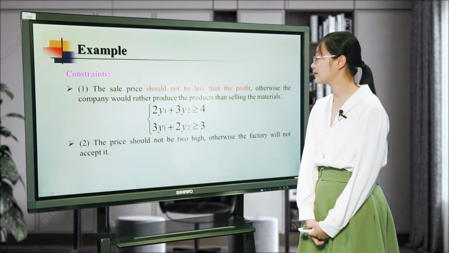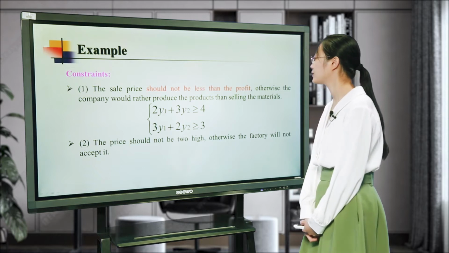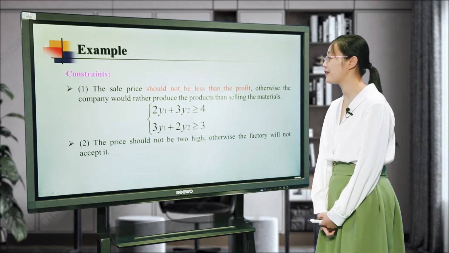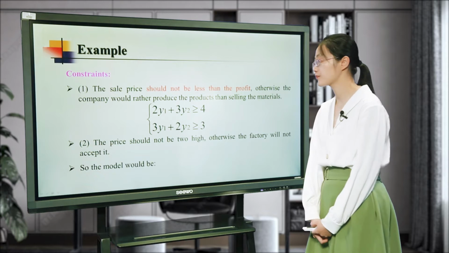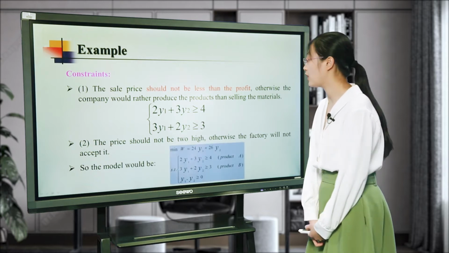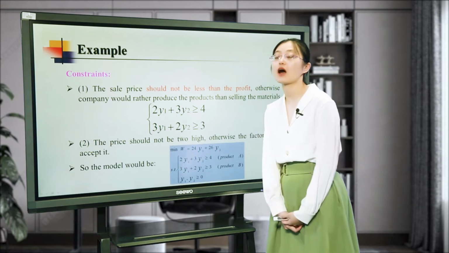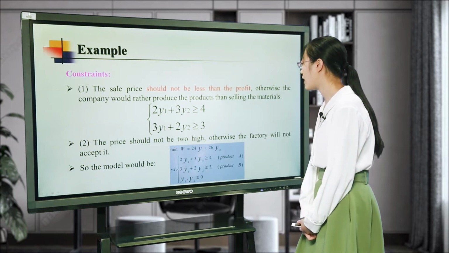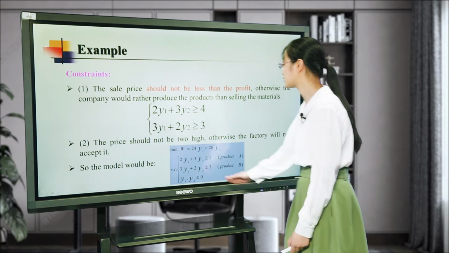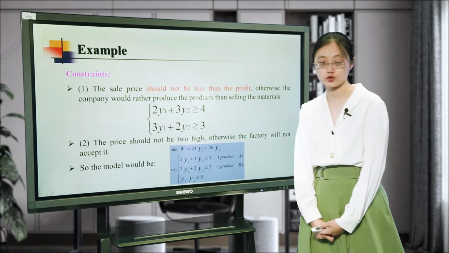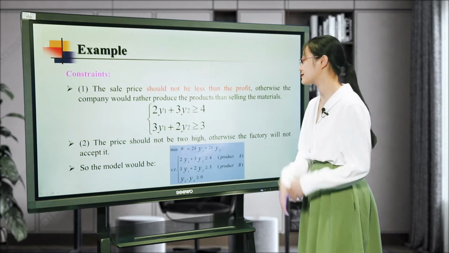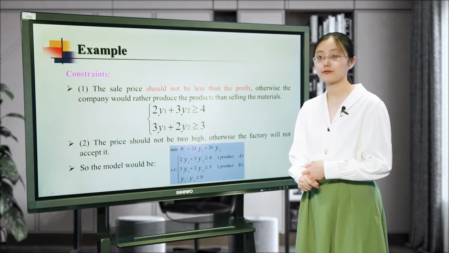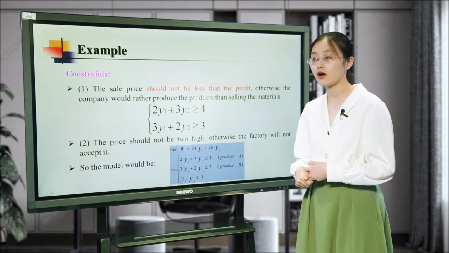On the other hand, we say the price should not be too high, otherwise the factory will not accept it. So the model would be of the form of minimizing W, 24Y1 plus 26Y2, with all the constraints we mentioned above. This is from the factory's point of view, we want to minimize the cost.